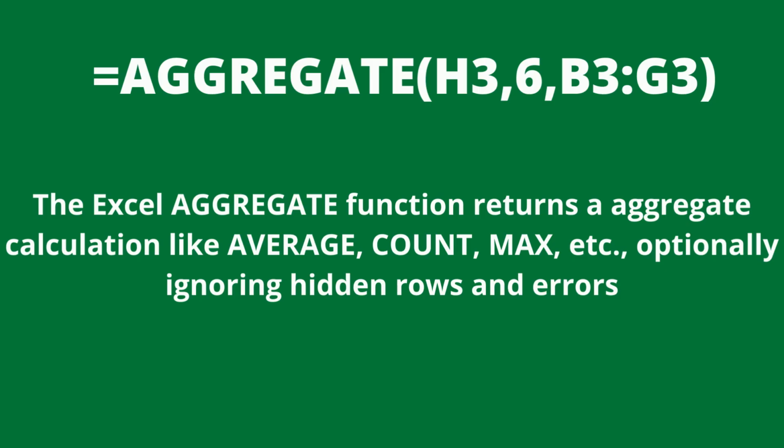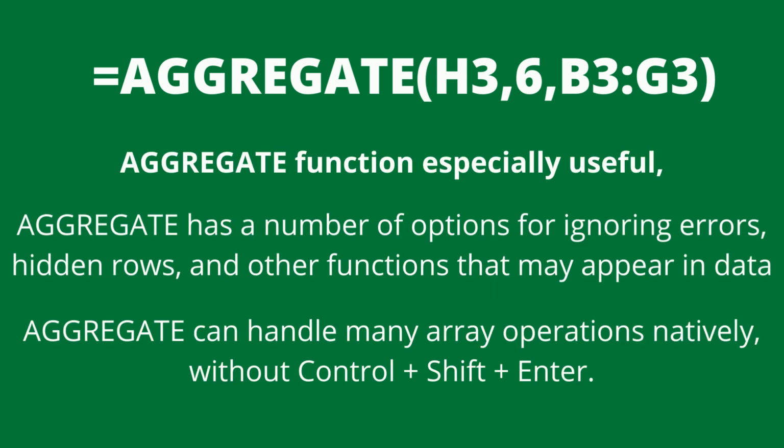Now let's see what is aggregate function. First of all, aggregate function is an Excel function which returns the result of an aggregate calculation like average, count, max, min, etc. There are two reasons that make the aggregate function especially useful compared to other functions which perform the same operation.